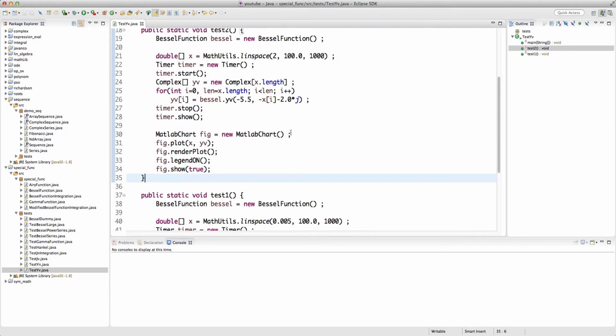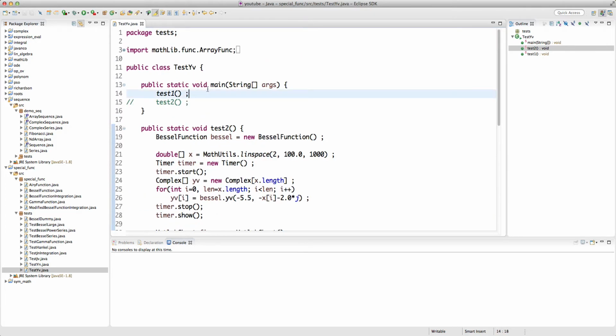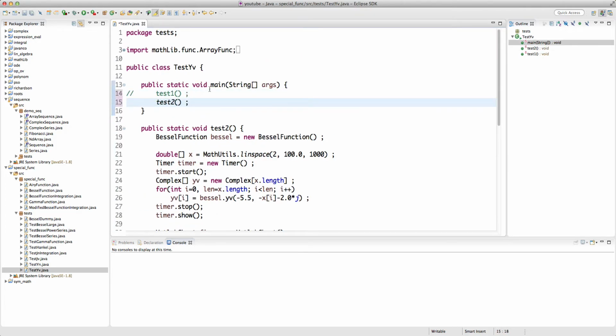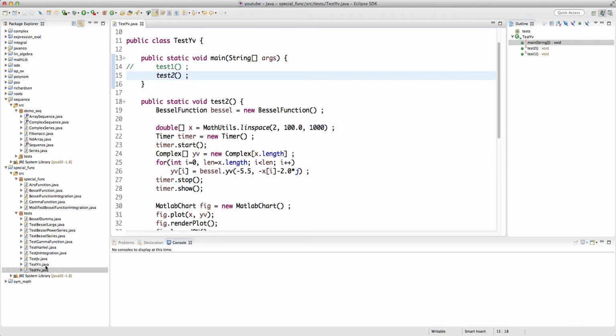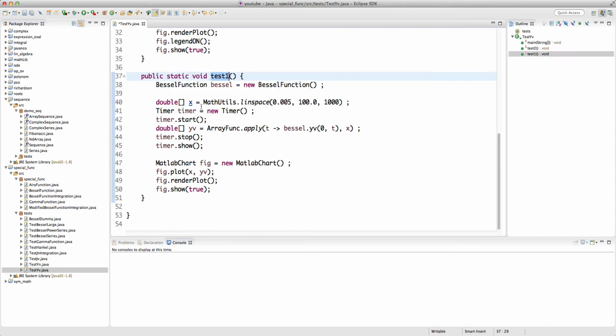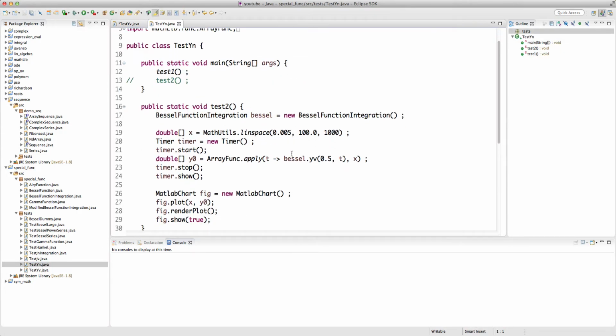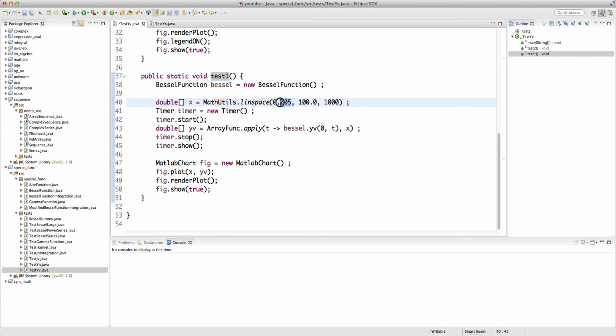And then here, let's also run test 2. For non-integer ones, maybe let's still keep test 1. And for non-integer ones, let's run from 2, with minus 5.5.